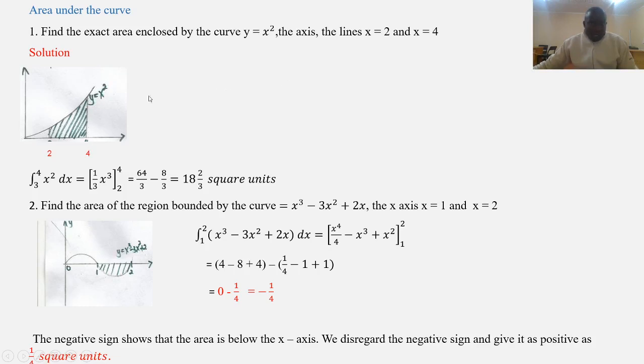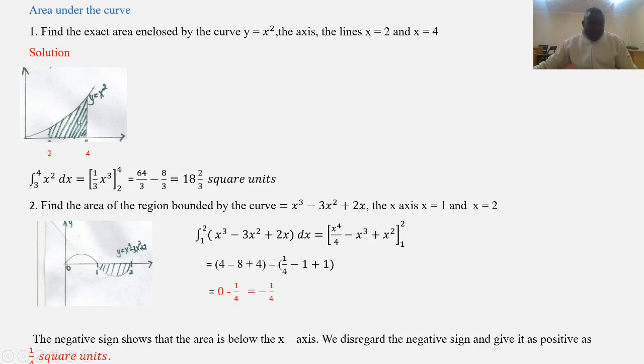Then the point x equals 4 is here, and x equals 2 is here. This is the line x equals 2, and the line x equals 4. And then we have the x-axis. So we are asked for this area, the shaded part.